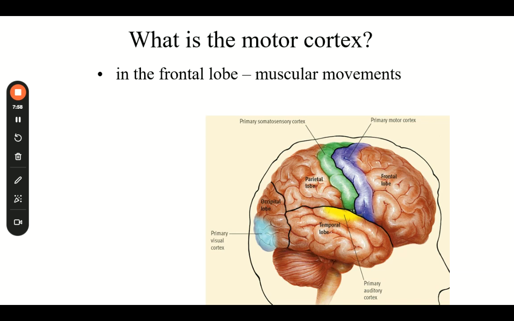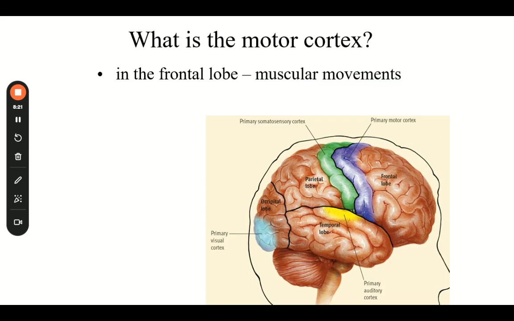All right, write this down. So in your frontal lobe, there is a strip called the motor cortex. It's purple on this picture down below. It's in your frontal lobe. This is where you do conscious, purposeful muscular movements.